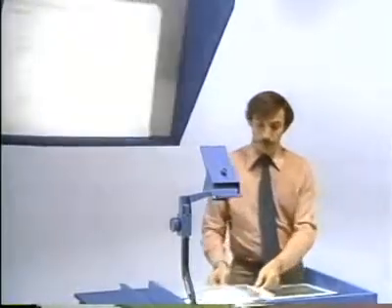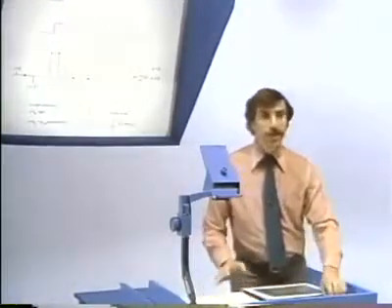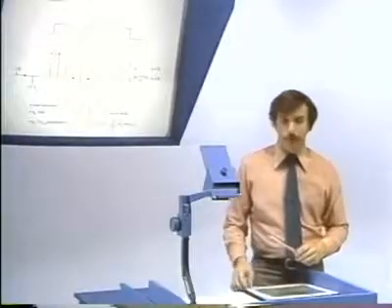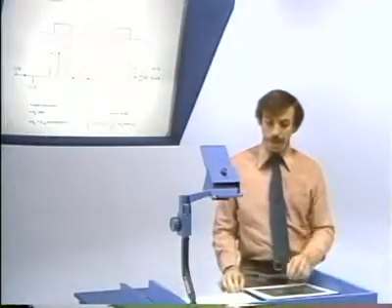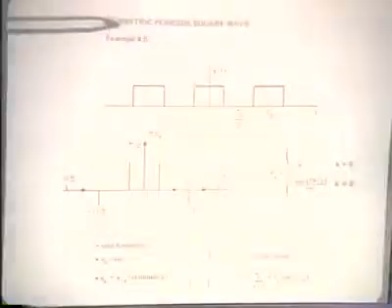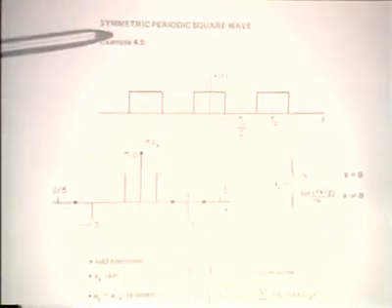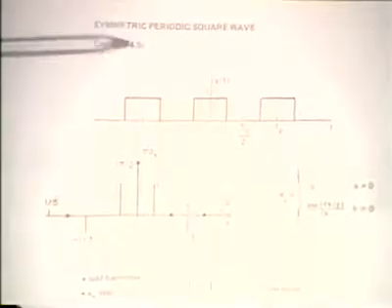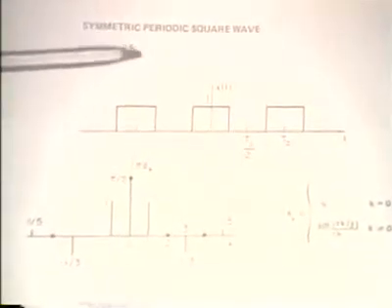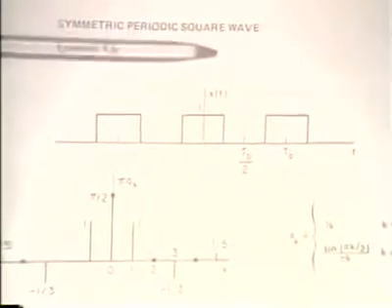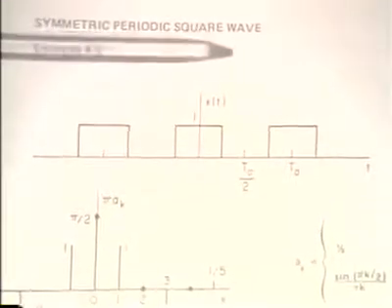Okay, now let's look at another example. Another example is the symmetric periodic square wave. And this is, in fact, example 4.5 worked out in more detail in the text, and I won't bother to work this out in detail here, except to draw your attention to several points.